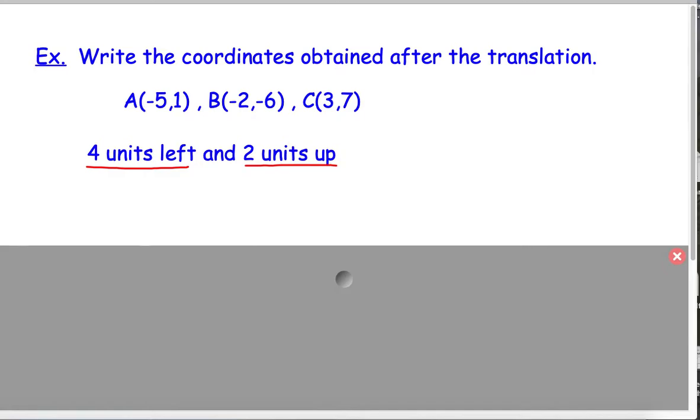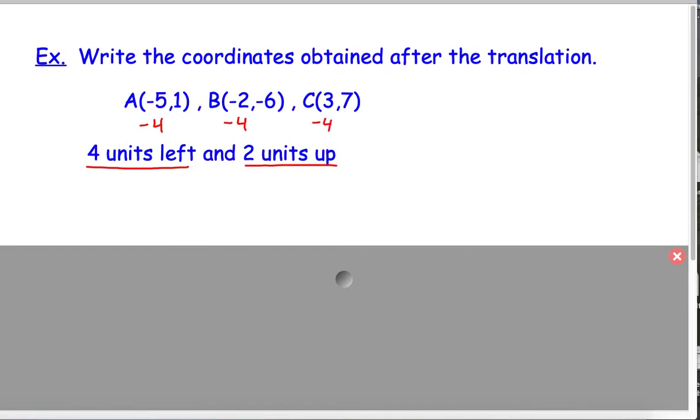So first let's look at 4 units left. That's in the X direction, and to the left in the X direction is going to be minus or negative. So that means I need to subtract 4 from my X numbers. So underneath here, I'm going to subtract 4 from all the X coordinates.